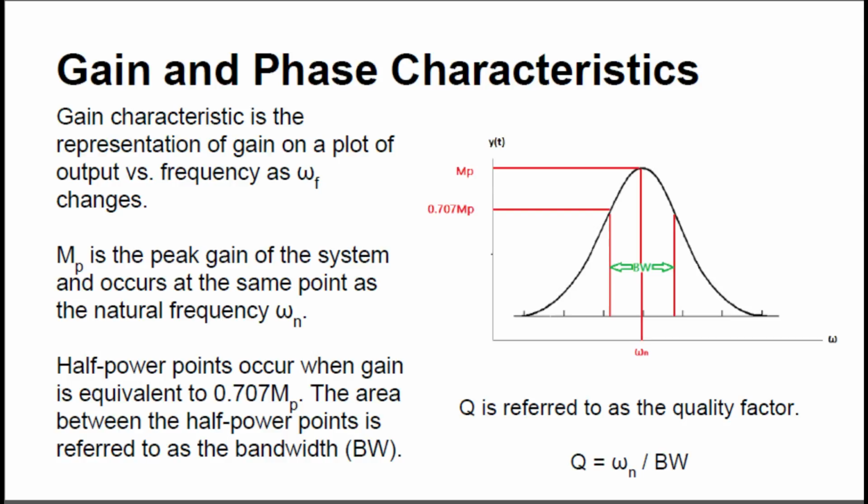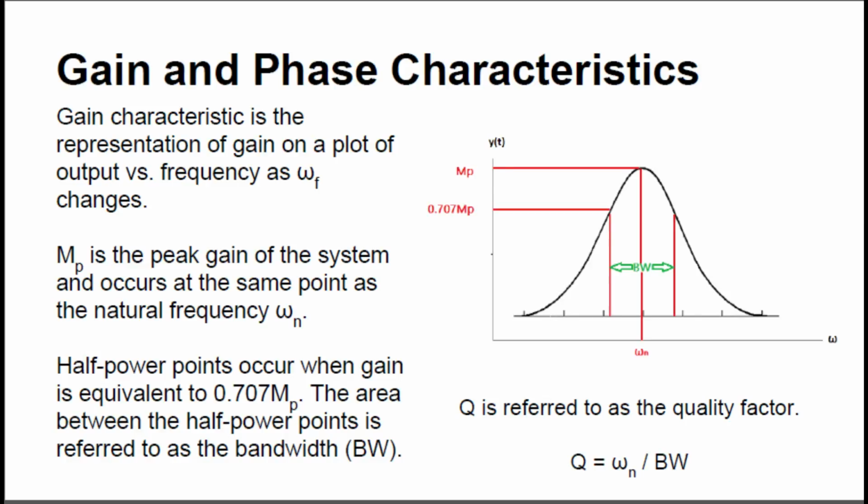So wherever the peak is, that's the natural frequency. And then the bandwidth is determined by taking the two output values that are equal to 0.707 of that peak value. Mark those points and then go downward to your x-axis, and all the space in between those two values is your bandwidth.